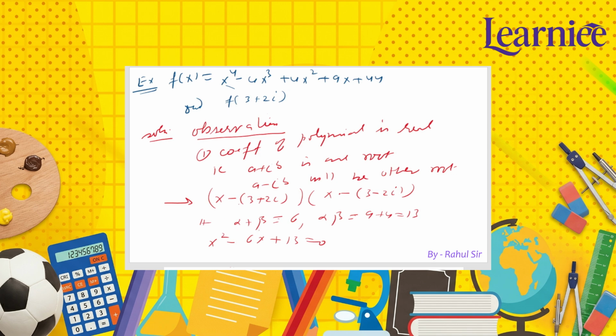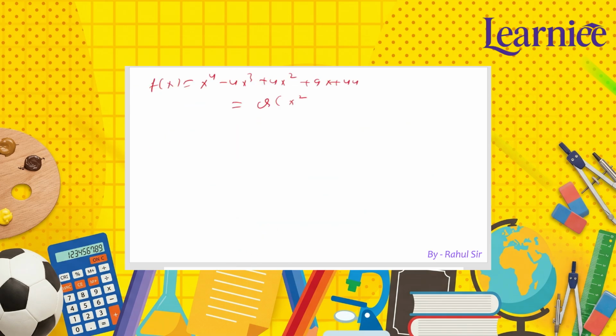Why? Because this equation has roots 3 plus 2i and 3 minus 2i. So we write it like this: quotient times (x square minus 6x plus 13) plus remainder. This is the remainder.